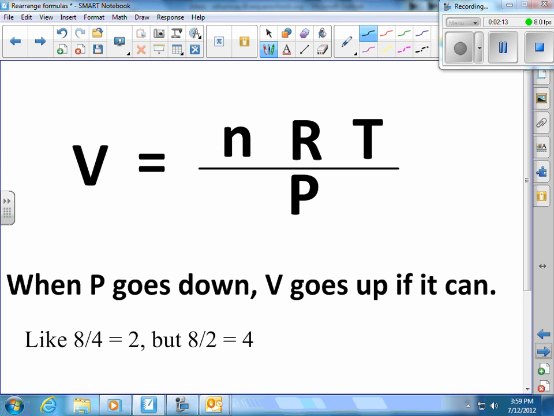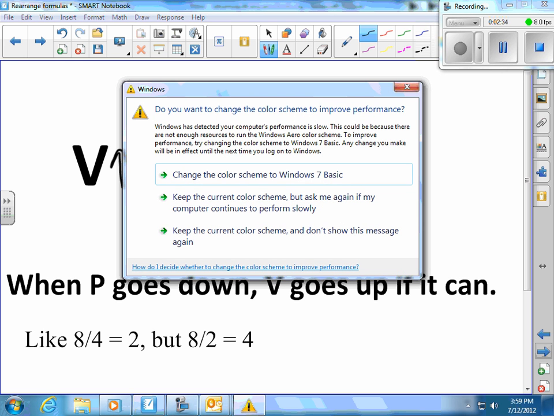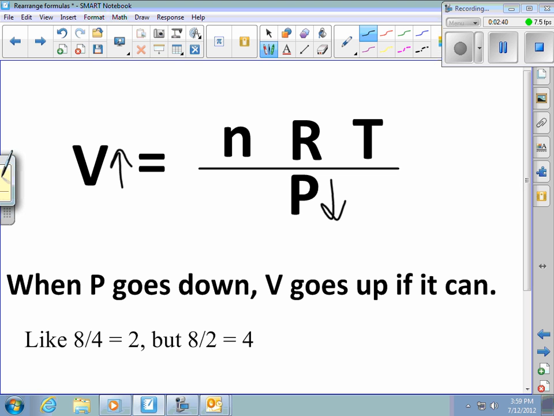Let's say pressure goes down. If we divide by a smaller number, then the volume would have to go up. An example would be 8 divided by 4 is 2, but if I divide 8 by a smaller number, like 2, then 8 divided by 2 is 4.